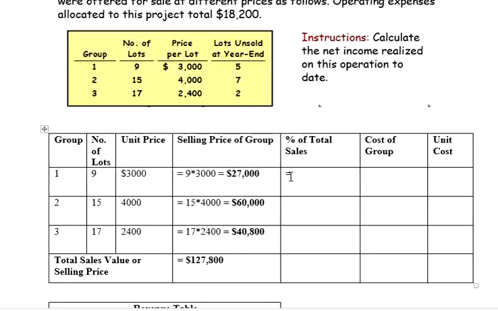What is the total revenue of only group 1? $27,000. That's like obtained marks divided by total marks. So $27,000 is the revenue of group number 1 only, divided by the total revenue of the whole project, which is $1,27,800. If you divide this, you will get a percentage value. Let's do the division to get the percentage value. Then further I will elaborate what this percentage actually means.